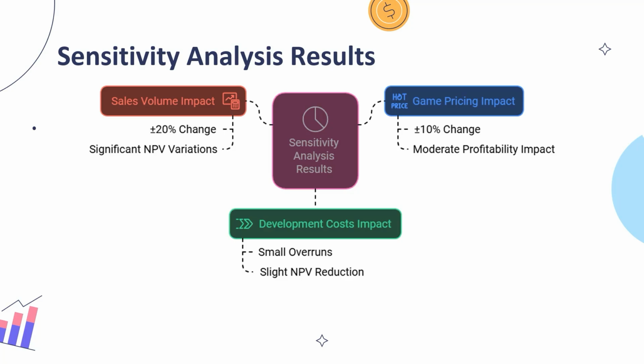And if we do not, then we may not break even. We at least want to break even, but the ultimate goal is to make a profit and to satisfy our shareholders. And then the next one is game pricing impact. You have a moderate profitability impact, 10% above, 10% below.